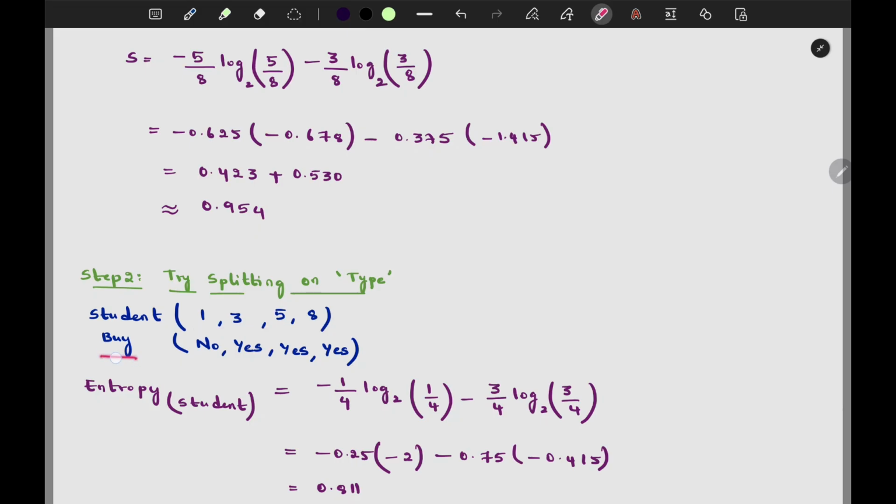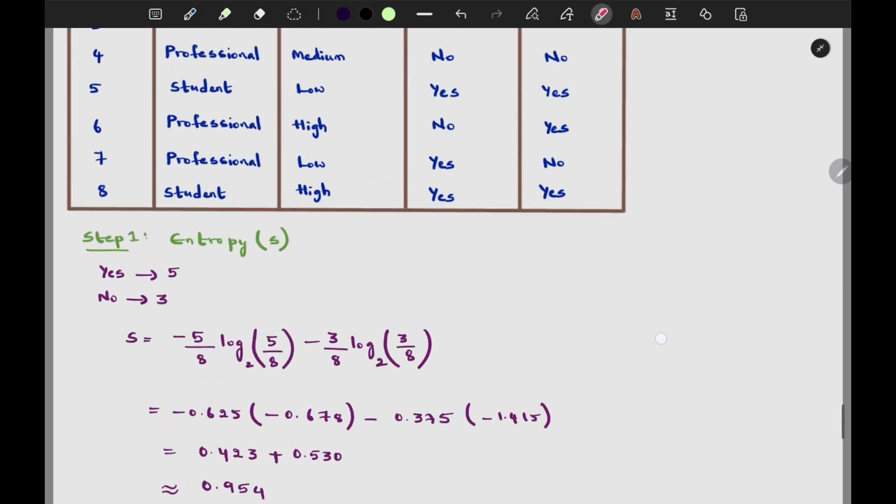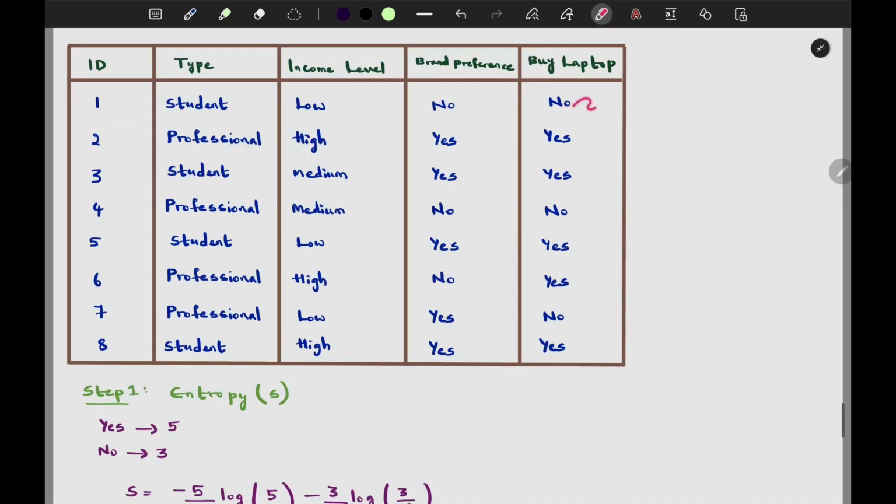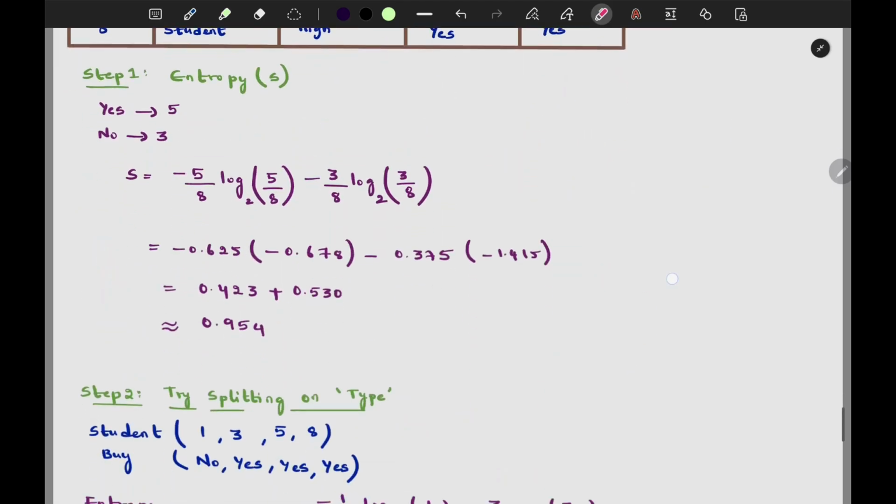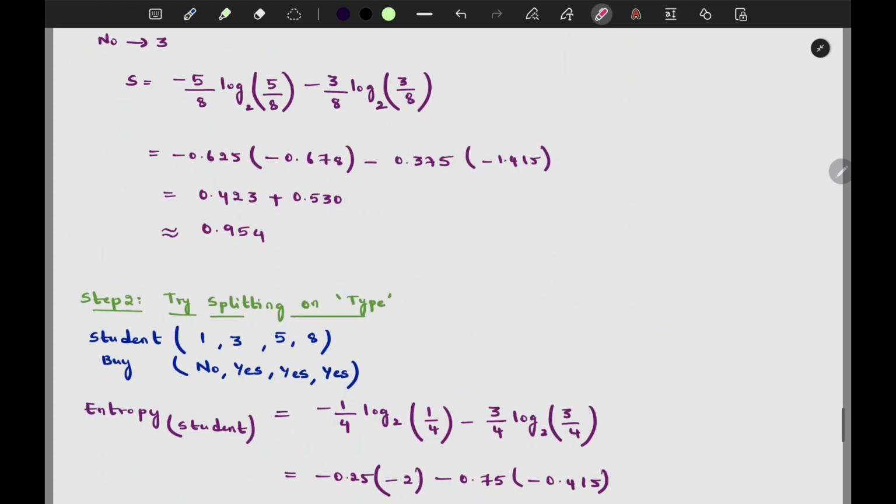And the next thing, whether they bought the laptop or not. You can see here the person with ID1 as no, ID3 as yes, ID5 as yes and ID8 also as yes. So that is why I wrote whether the person bought or not for each of the IDs. Okay, now we will be calculating the entropy of these things.